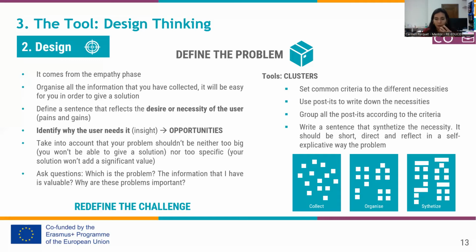These four necessities are related to daily habits. So I need to develop my daily habits in order to feel comfortable. This could be a sentence for these four kinds of necessities that are related.